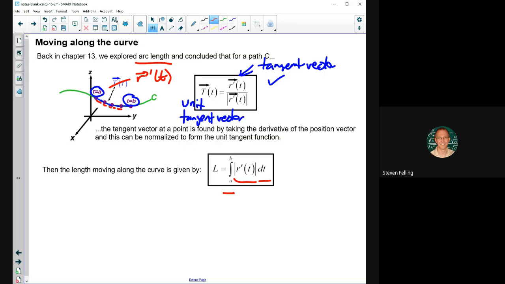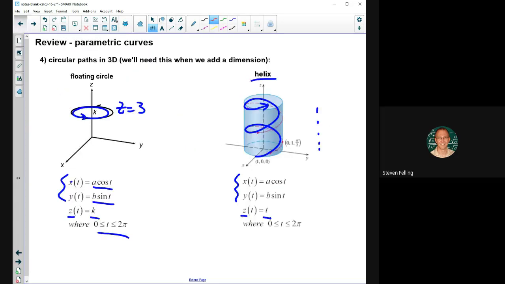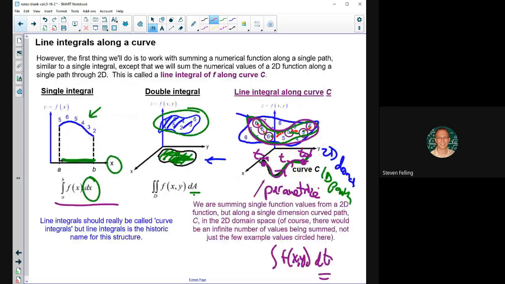Okay, so what we're going to do for our path lengths, taking you back to this picture, is we're saying that we want to go along a path, but instead of just taking the length of the path, we don't want to just sum up the length, we want to sum up the value of some function.